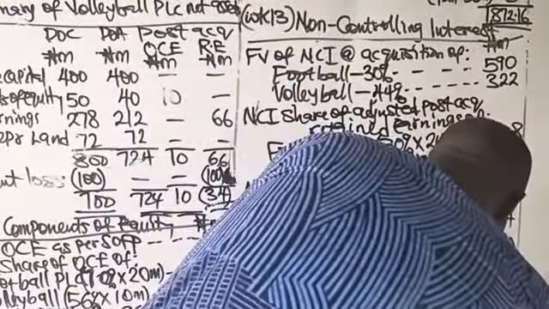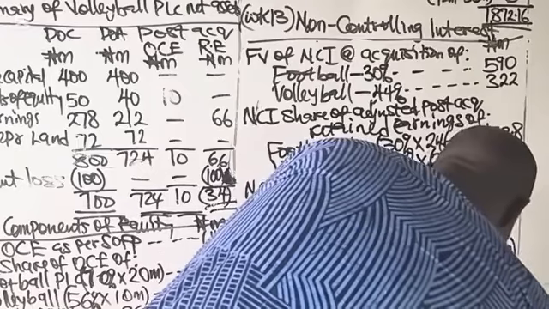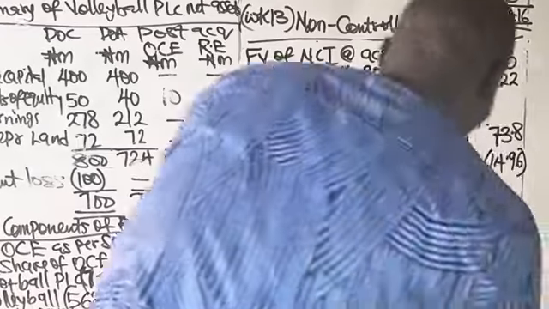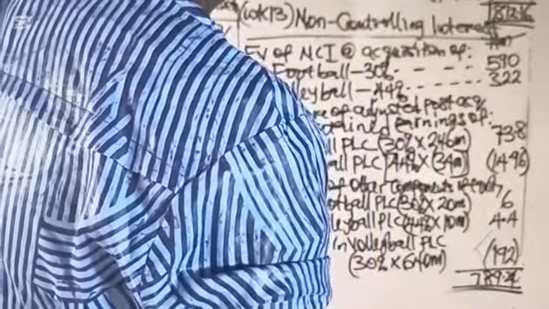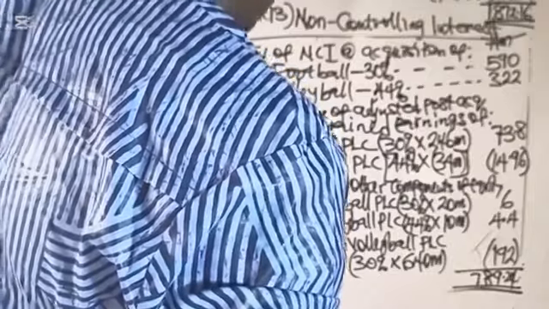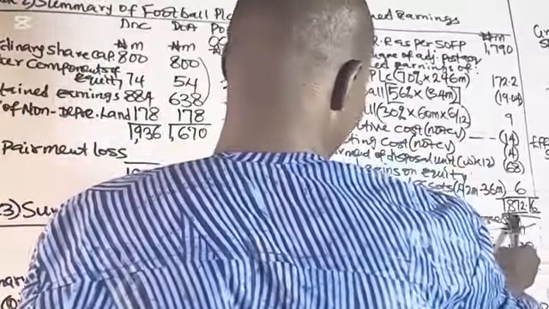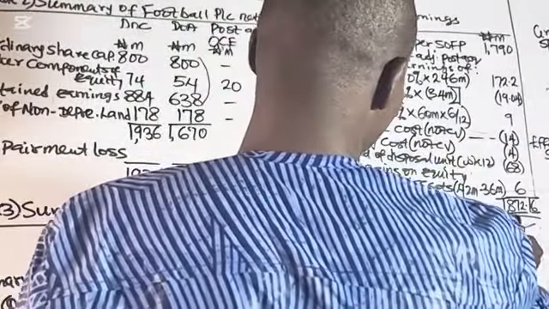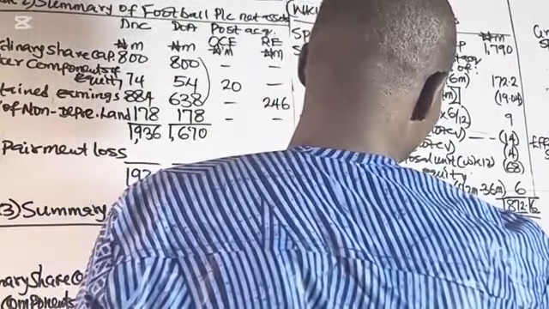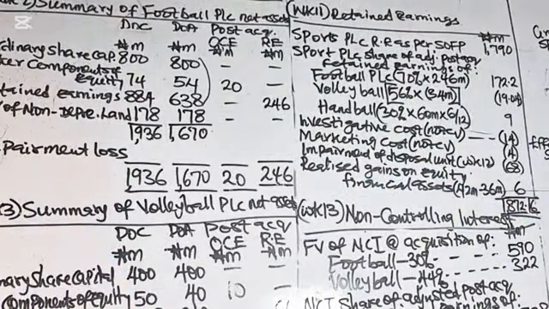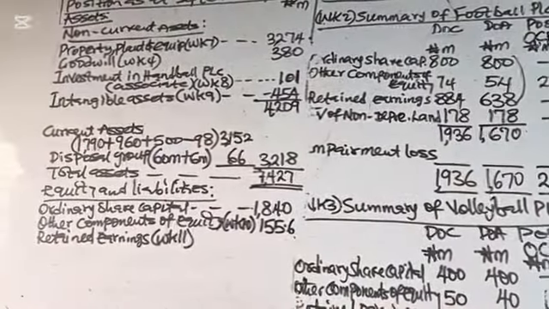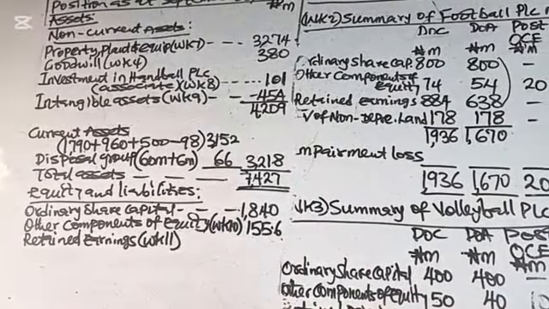So we have 789.24. That is the non-controlling interest that will appear in the consolidated statement of financial position. The retained earnings that will appear in the consolidated statement of financial position amounted to 1,872.16.